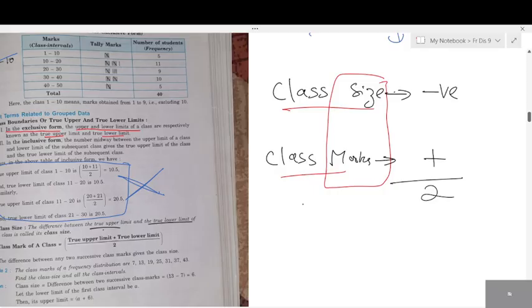Class size, true upper limit minus true lower limit. Class marks, you have to add, divided by 2.